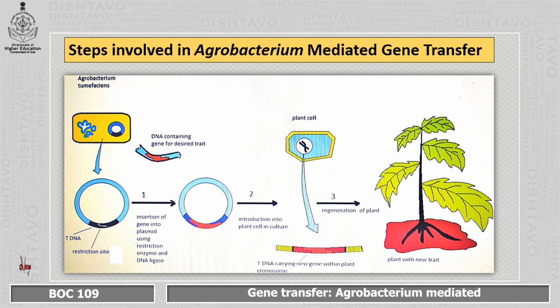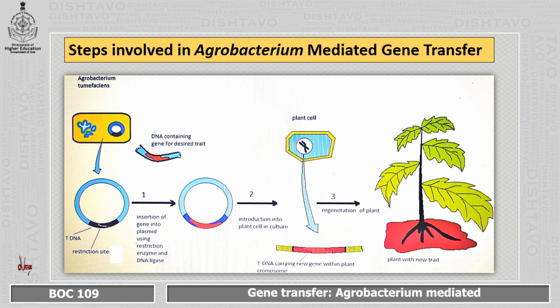Those cuts have been sealed, and then this Ti plasmid is introduced back into the Agrobacterium, and now these Agrobacterium cells are allowed to infect the plant cells which are present in the culture medium in vitro.